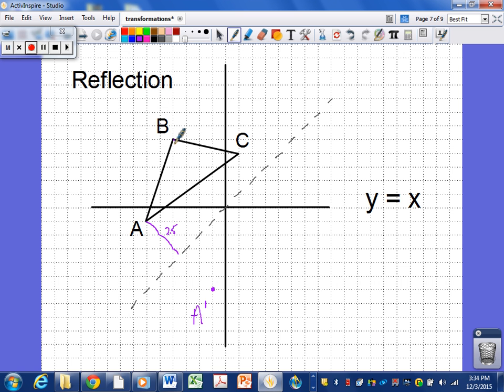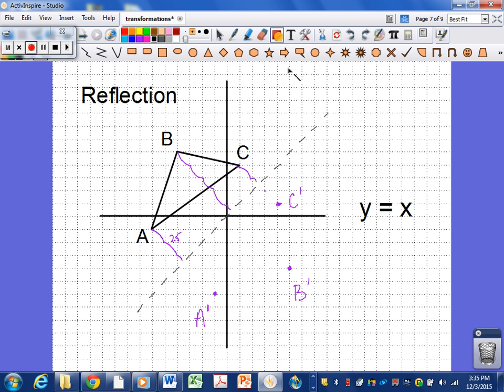B, let's see, B is 1, 2, 3, 4.5 diagonals away. So we continue 1/2, 1, 2, 3, 4 diagonals away, and 1/2. C is 1.5 diagonals, so C prime is going to be 1.5 diagonals.